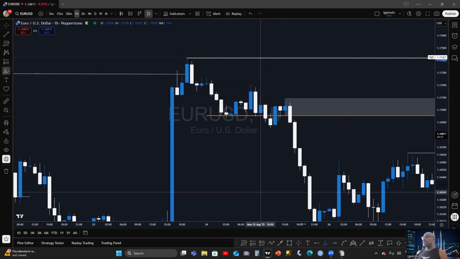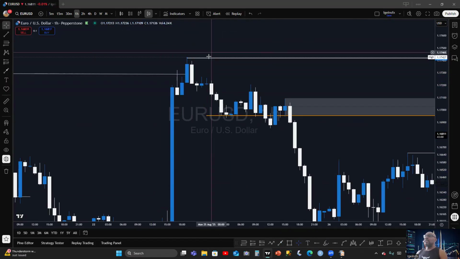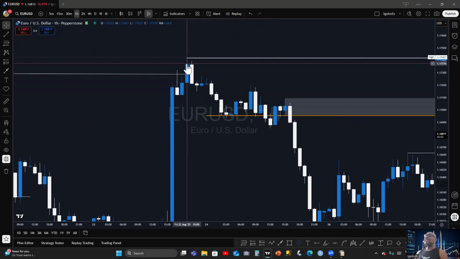Why is it a bearish engulfing candle, guys? Because this has been bullish up to this level. Then all of a sudden, it got to the highest point, but this is a sign that sellers are in the market. They rejected the price up to this point before the candle closed.